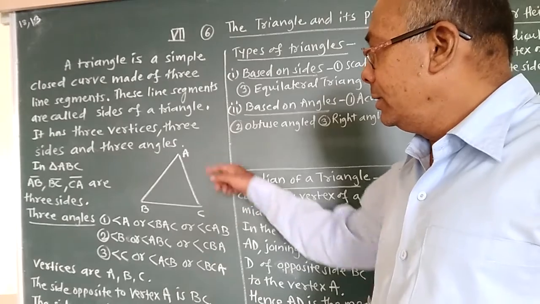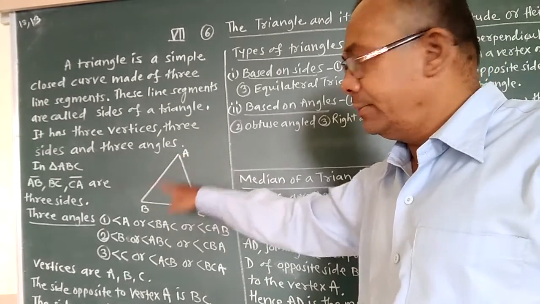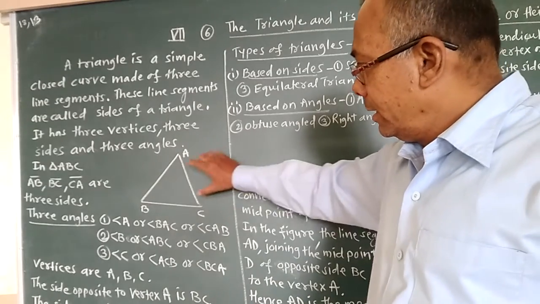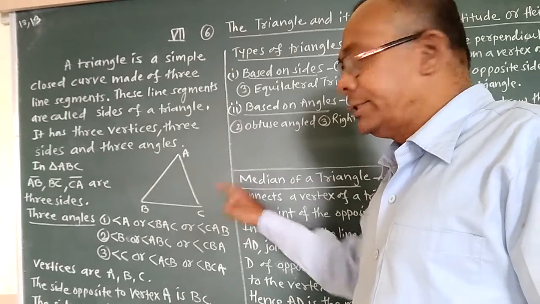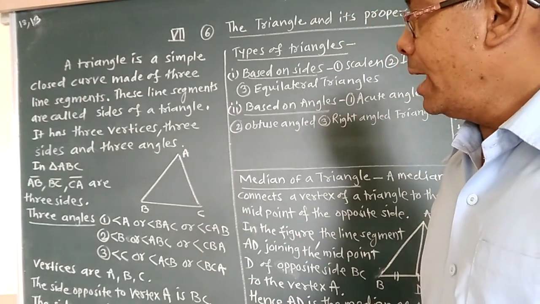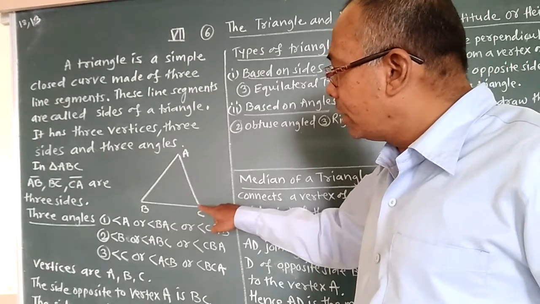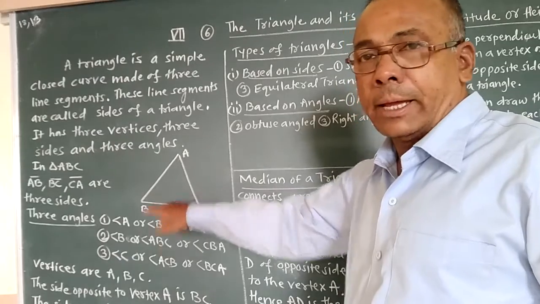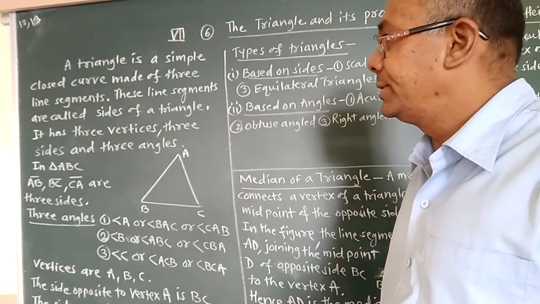For example, here if we observe the figure, triangle ABC, AB, BC and AC, these are the three line segments, and triangle is a closed curve made up of three line segments.